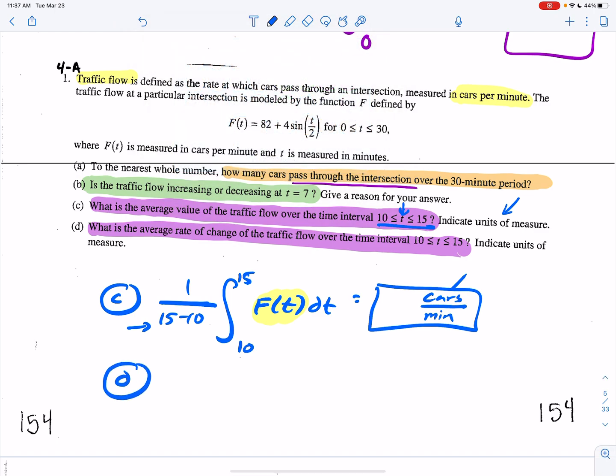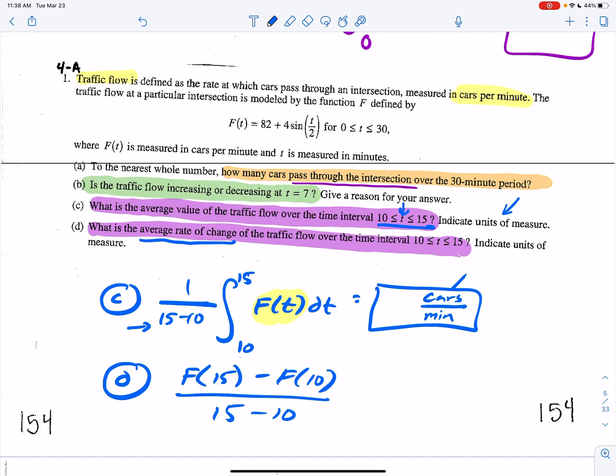Here's part D, the average rate of change, AROC. Okay? How do you think we do that? So basically you use your function. It's going to be f of 15 minus f of 10 over 15 minus 10. Very similar to what we had, okay, but a little bit different.